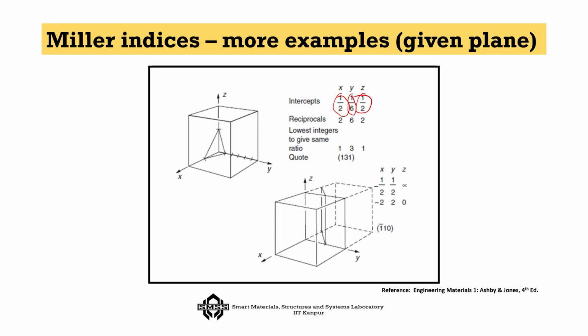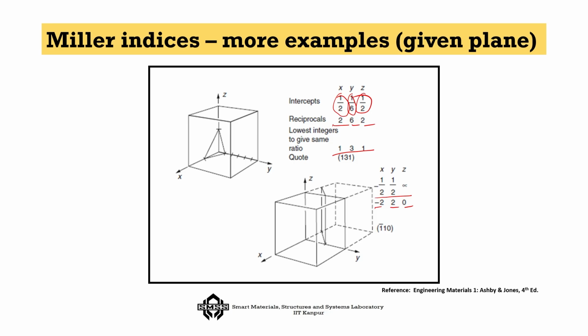So, the reciprocals of the intercepts now become 2, 6 and 2, and now you have to divide by a common multiplier, as I told you, to come to 1 3 1. So, this will become 1 3 1 in this situation. Similarly, in this particular case, minus half, half and infinity, again a plane which is parallel to the z axis, this would become minus 2 2 0.